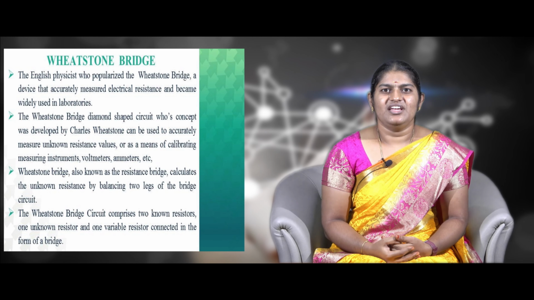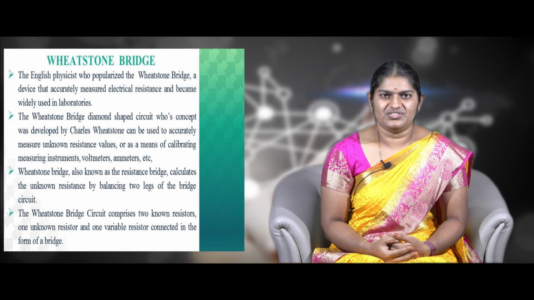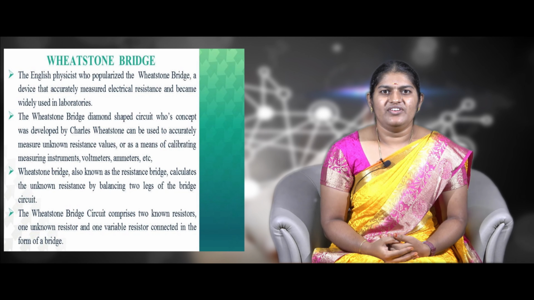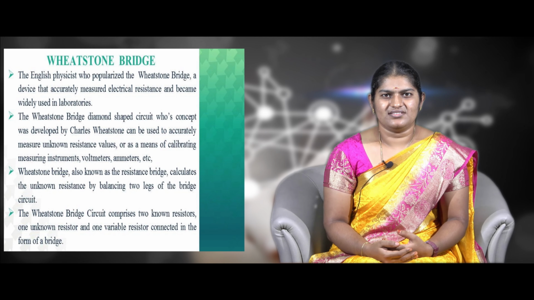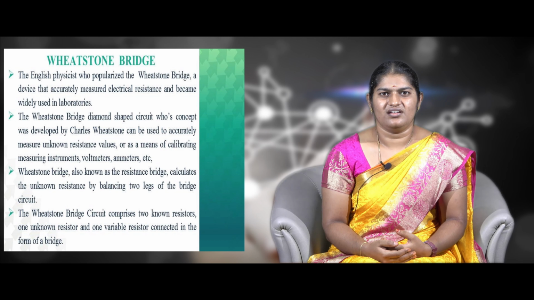Next we are going to discuss the introduction to the Wheatstone bridge. Charles Wheatstone, an English scientist, popularized the Wheatstone bridge. It is a device that accurately measures electrical resistance and is widely used in laboratories. The Wheatstone bridge is a diamond-shaped circuit whose concept was developed by Charles Wheatstone, and it can be used to accurately measure unknown electrical resistance, or as a means of calibrating measuring instruments such as voltmeters, ammeters, etc. It is also called a resistance bridge, used to calculate the unknown resistance by balancing 2 legs of a bridge circuit.